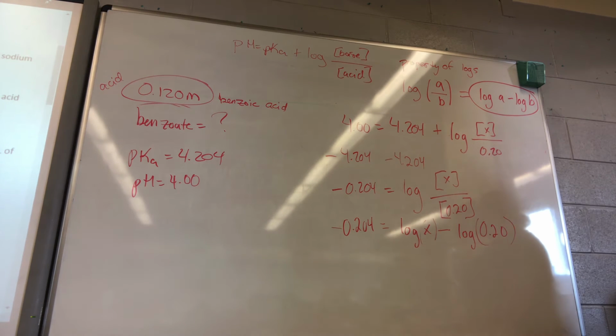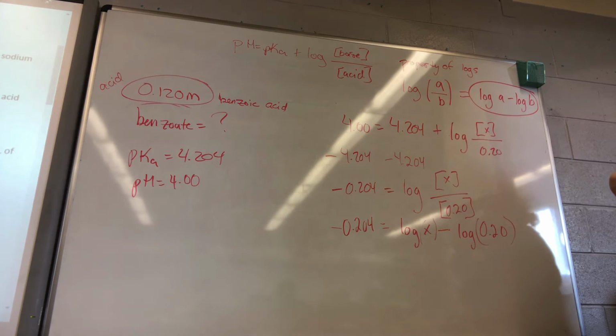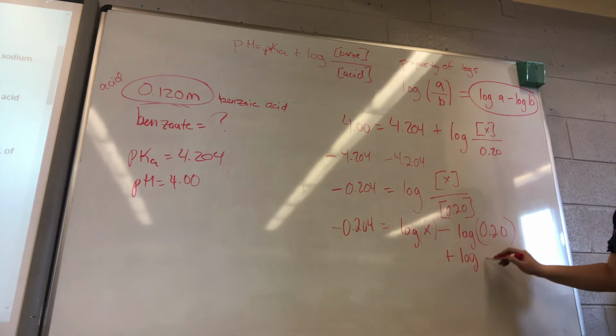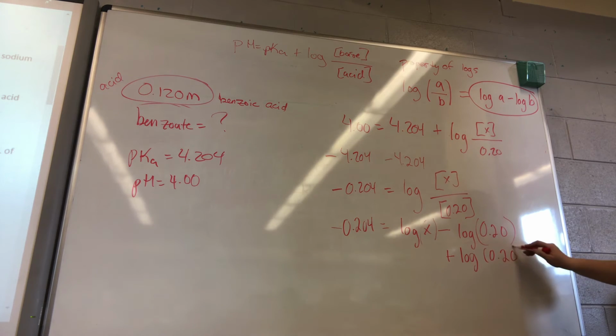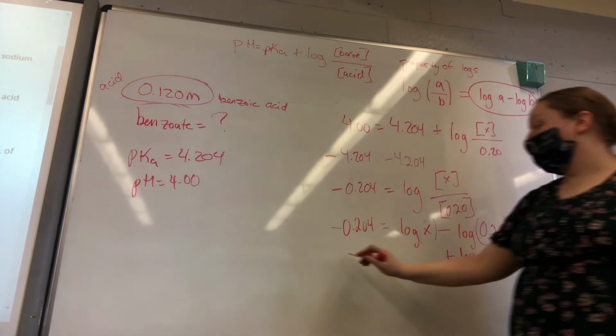Hopefully you're seeing that we're getting closer to an answer. We can solve one thing. We can't solve a fraction. So what are we going to do next? We're going to add the log of 0.2 because that's just a number, right? Put that in your calculator. Log base 10 of 0.2 comes out to be what?